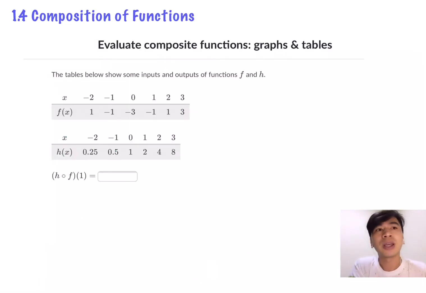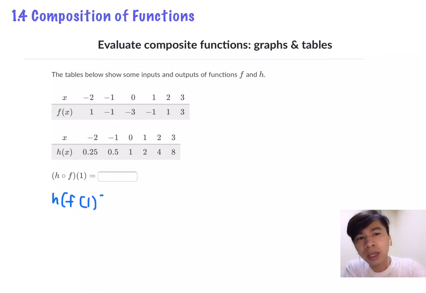Let's move on. Okay, we'll have evaluating composite functions, same, but this one is using tables. The tables below show some inputs and outputs of functions f and h. So we are asked to find h composition f of 1. I would love to put it this way, h of f of 1, and we'll try to find f of 1 first. What is f of 1?